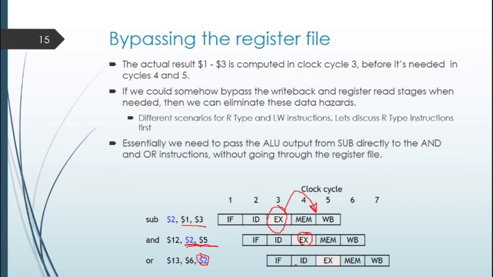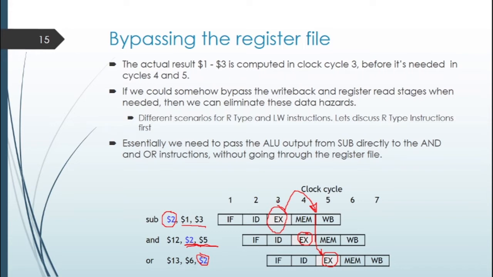For the OR operation, the input of EX has to be the value of register number 2, and that value is at the output of the memory stage, or the pipeline register at the output of it. So we can use the output of the EX stage if we are forwarding this data from the first instruction to the second one.